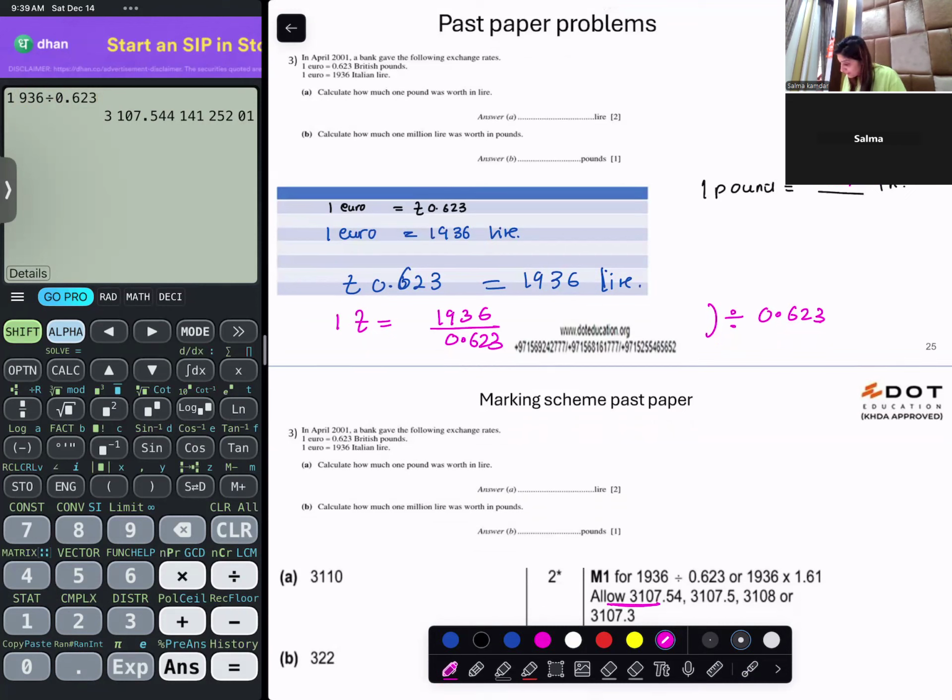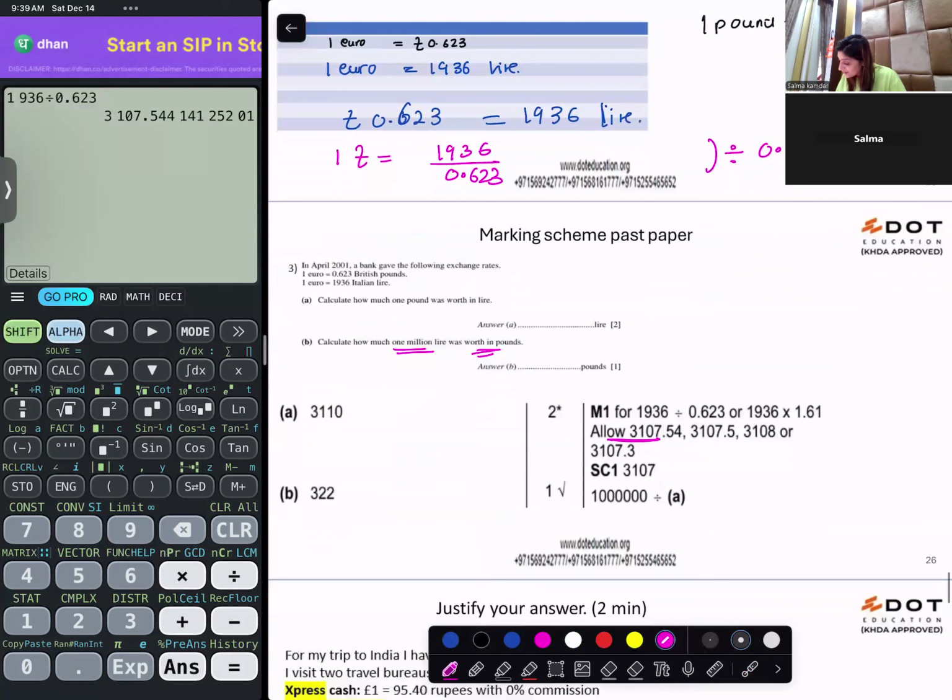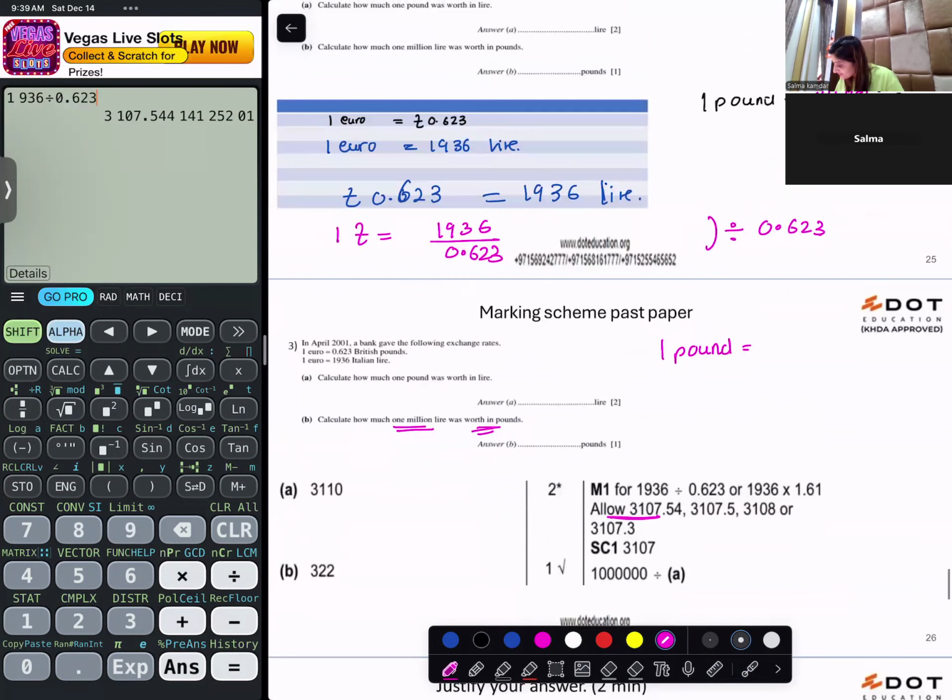Calculate how much 1 million lire was in pounds. So I know 1 pound is equal to 3107.54 Italian lire. I want to know how much 1 million lire would be in pounds.